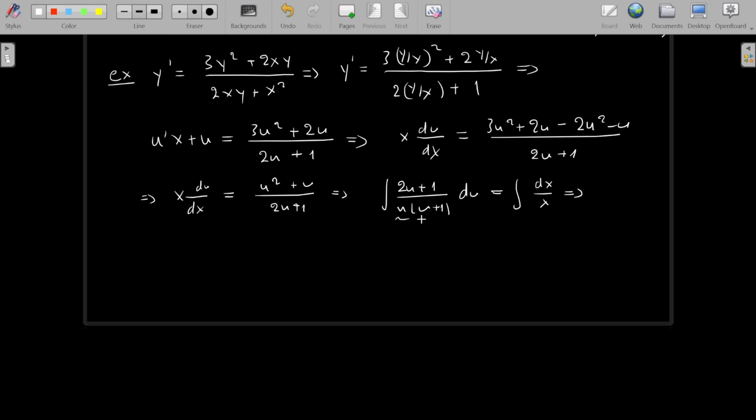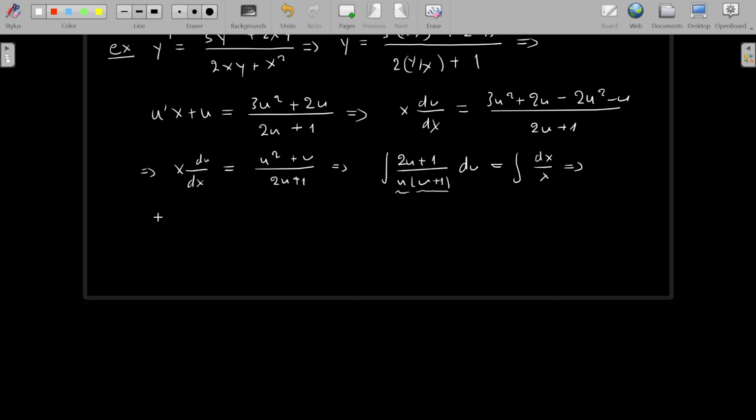This has a root 0 and this has a root minus 1, so they're both real, and this can be separated like this: (2u plus 1) over u times (u plus 1) is going to be a over u plus b over (u plus 1).